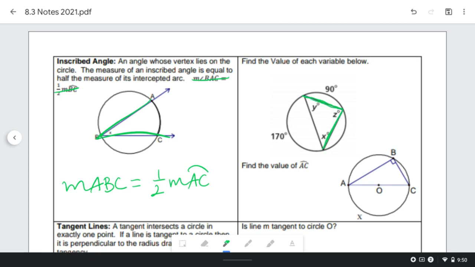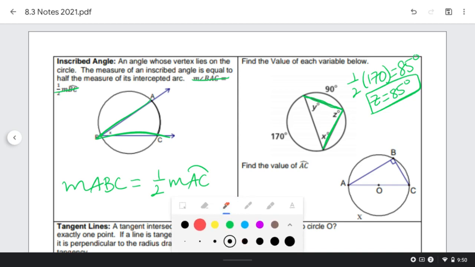And those are the chords that make up that angle. So our rule is we take half of the arc length. So half of 170 is going to give us z, and that's going to be 85 degrees. So z is 85 degrees.